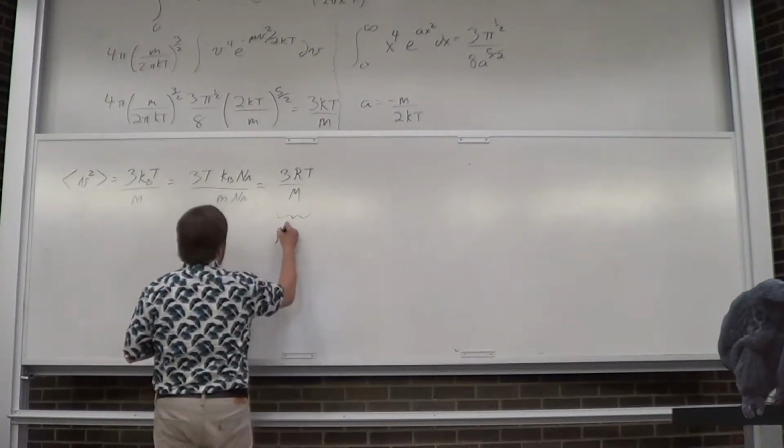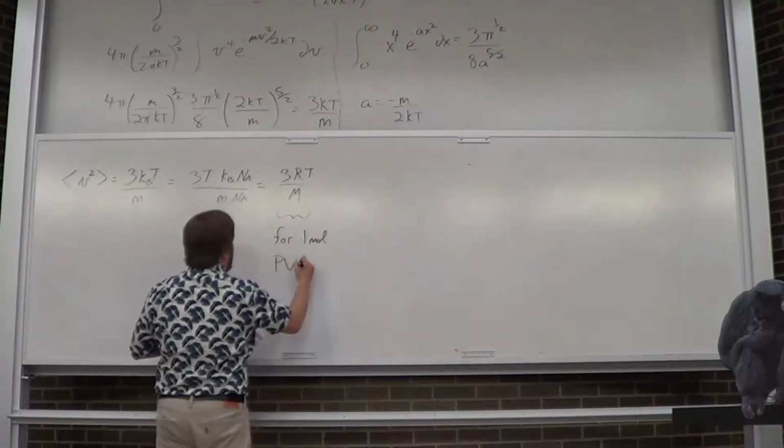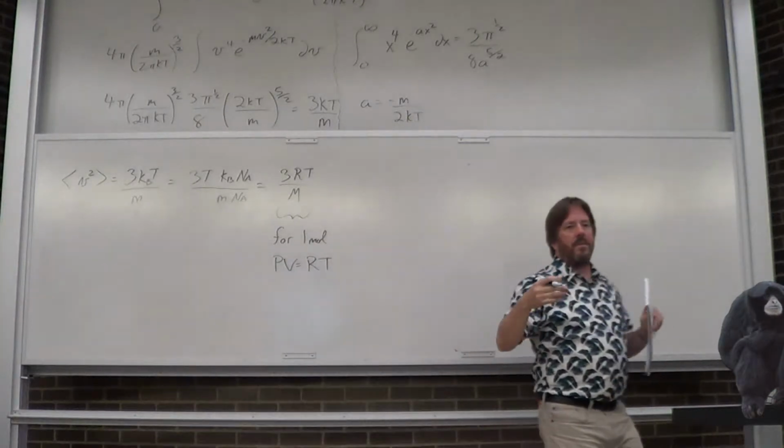So let me remind you, for 1 mole, PV is equal to RT. n is 1. PV equals nRT, but n is 1.